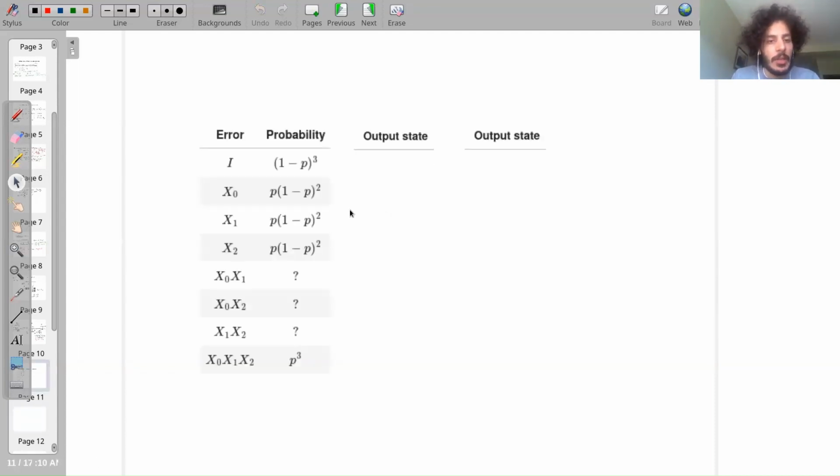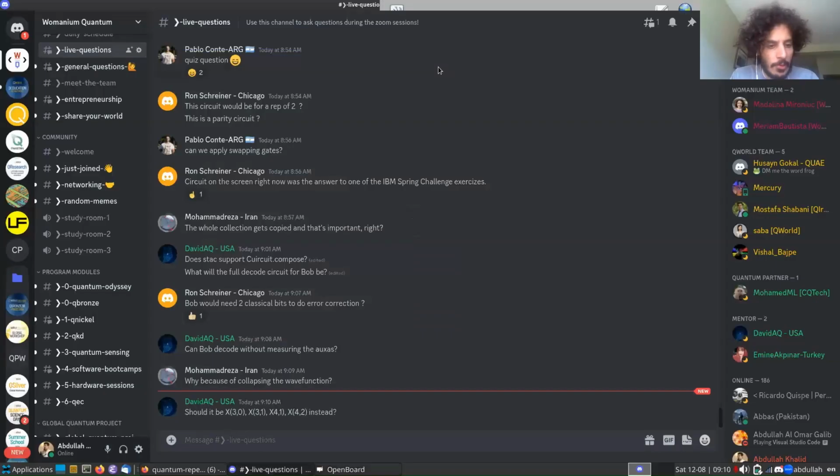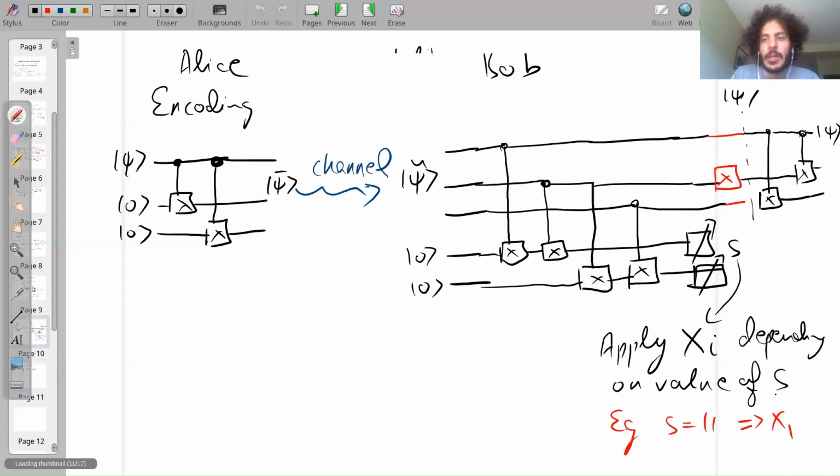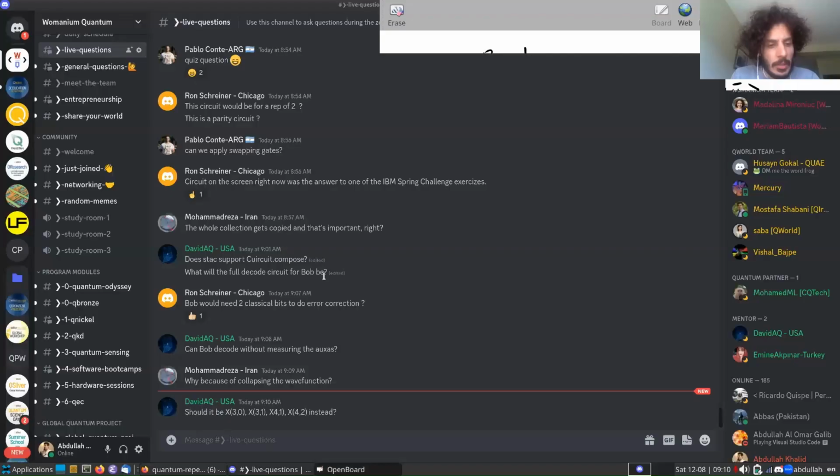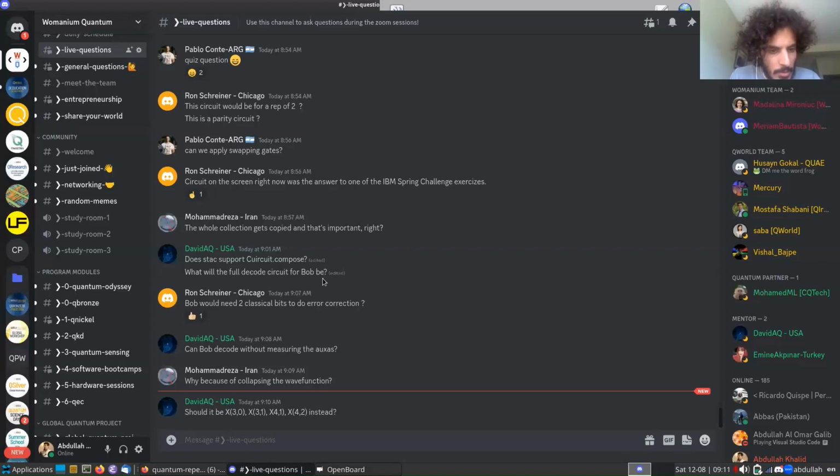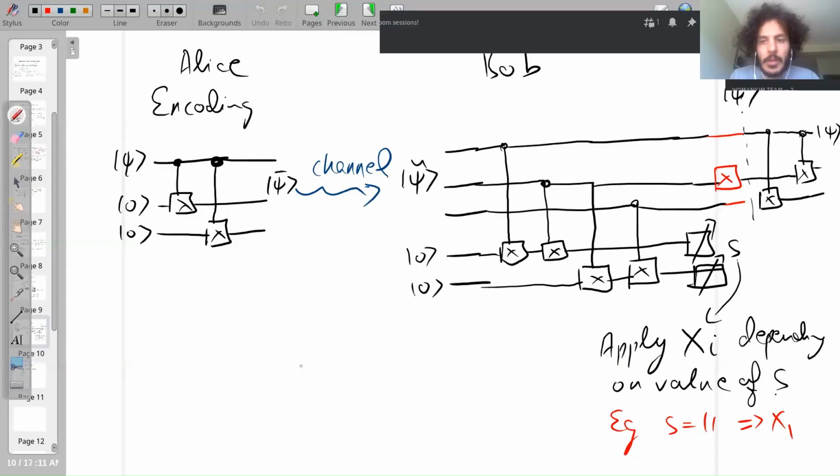Properties. Should it be x30, x31, x41, x42 instead? Did I make a mistake of some sort? Sorry, David, what should be x30, x31?